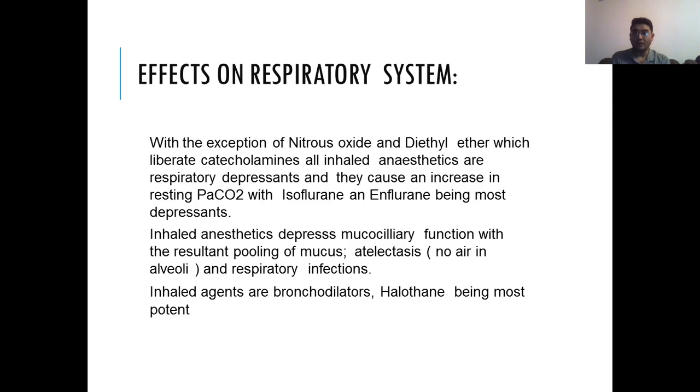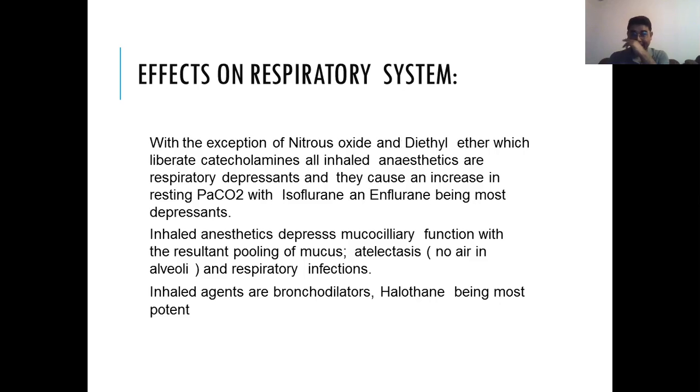So all of them are depressant for the lungs, for the respiration. They impair mucociliary function, cause atelectasis, and cause the collection of mucus inside the alveolus, the bronchus, the bronchiole.